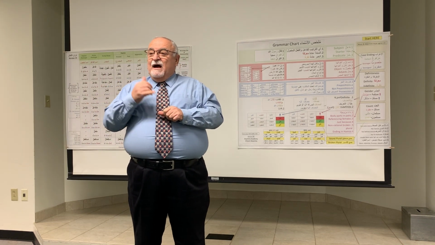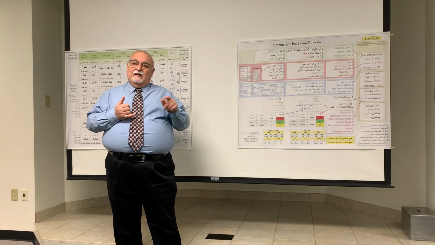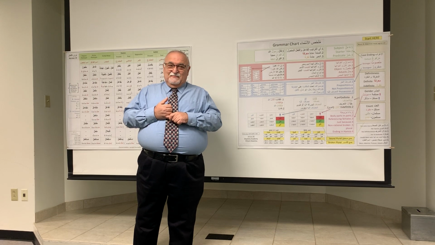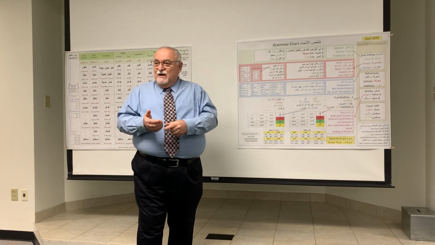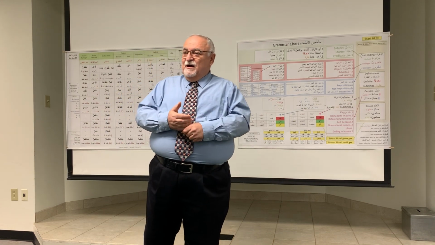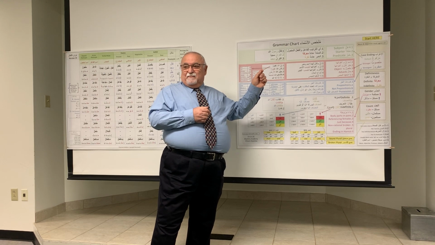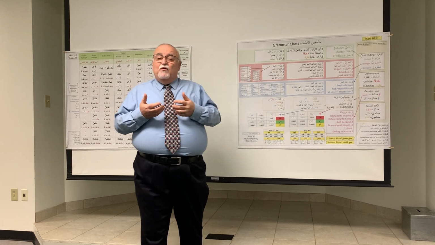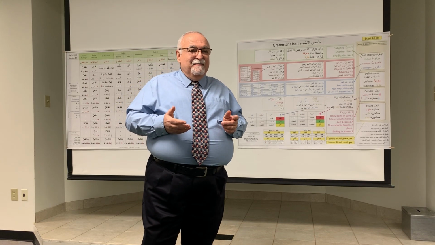I can also say khalaqa al-arda Allahu. I can switch them around, but it's still God who's creating the earth, not the earth creating God. Why? Because the subject always has an u. So you will have far more freedom in your verbal sentence in Arabic than you do in English.